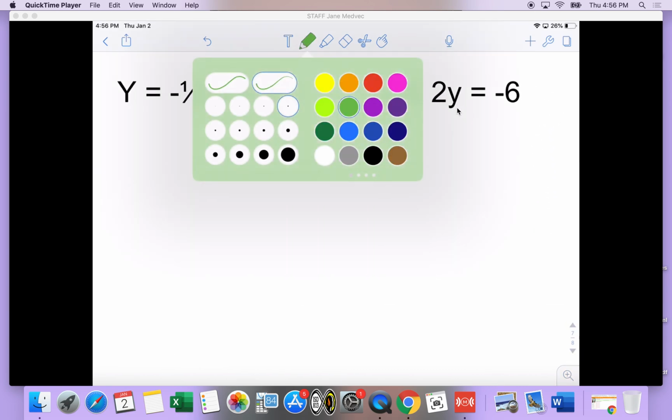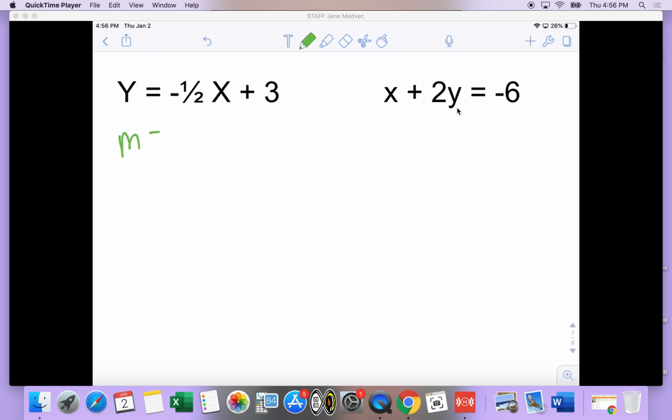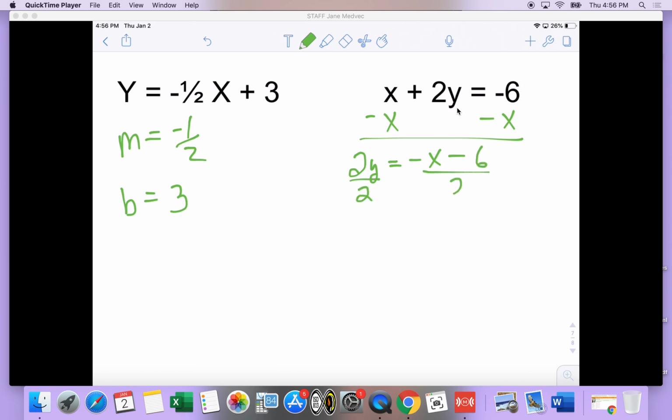You're going to notice the first equation is ready to go. So m equals negative 1/2 and my b equals 3. Notice this next equation is not ready, so I'm going to subtract my x. 2y equals negative x minus 6. Divide by 2.